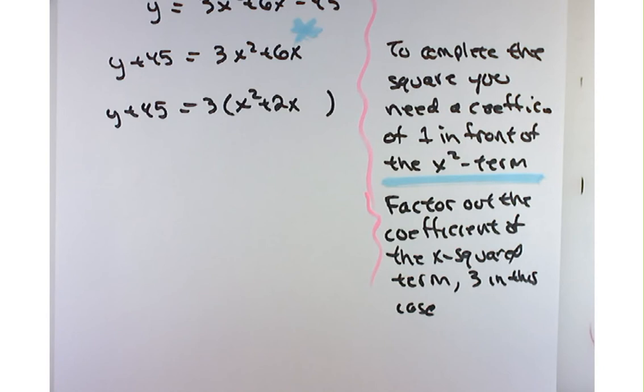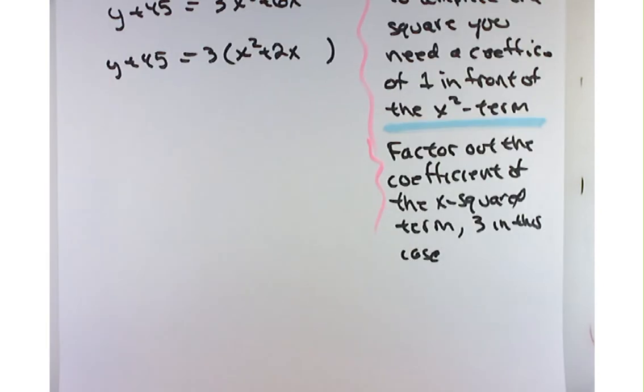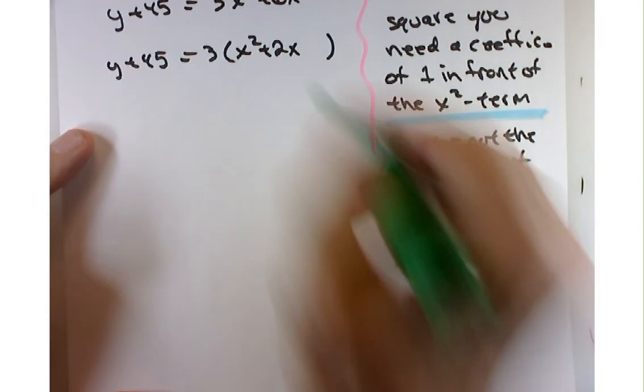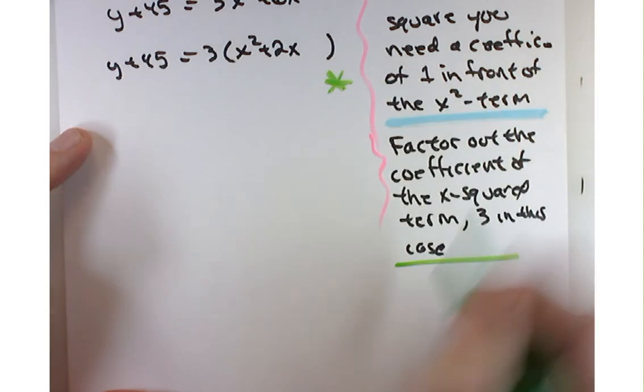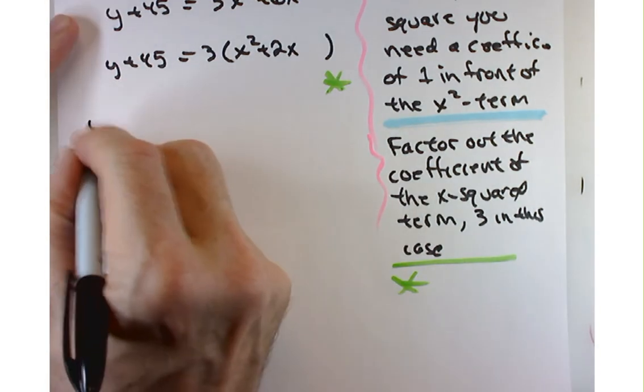Let's keep going. Now we've got to complete the square. So the next part here: complete the square in the parentheses.